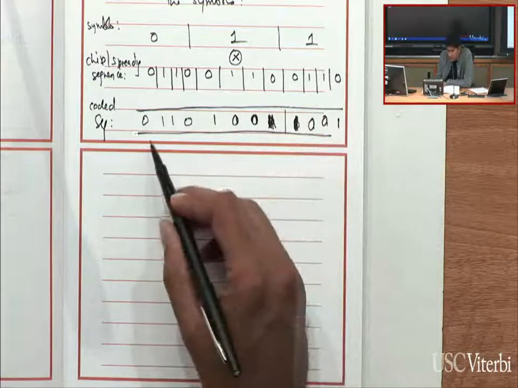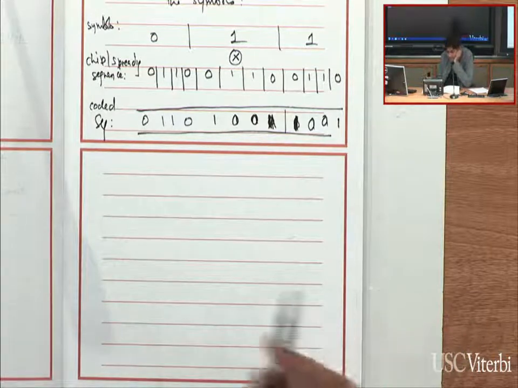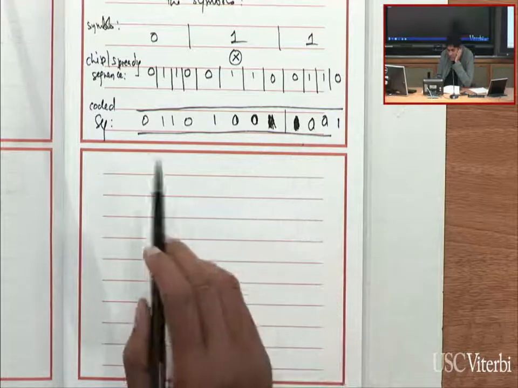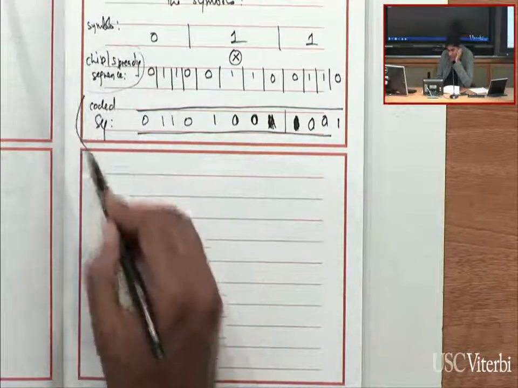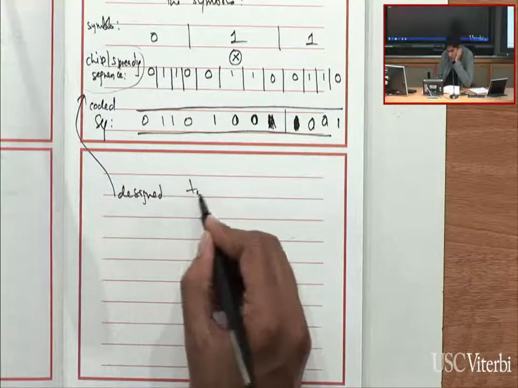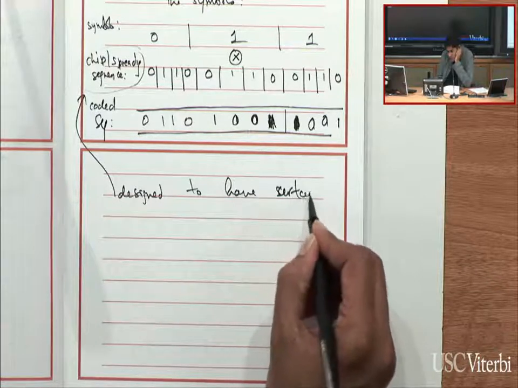And so because it's being sent at a higher rate, it's going to occupy a larger spectrum. The advantage is that these sequences themselves are designed to have certain properties.